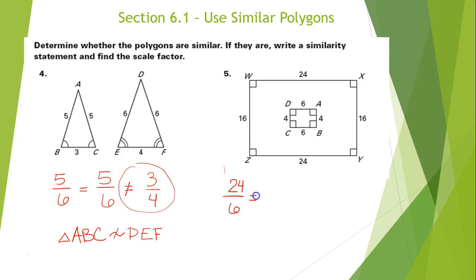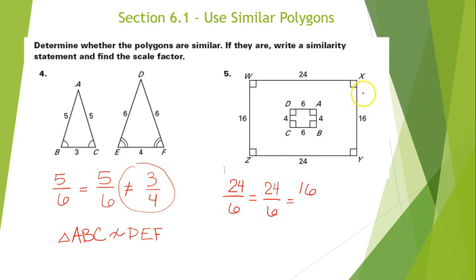We know that's equal. And then let's do the other two sides. AB, that's 4, and XY, so we're going to say 16. The bigger side comes first, since the bigger figure's side was stated first in both of these ratios.